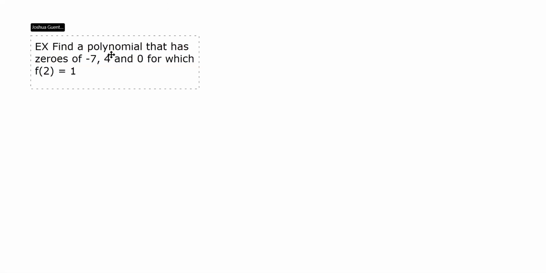Let's try out another example problem. Find a polynomial that has zeros of -7, +4, and 0, for which f of 2 equals 1. And we're using the word zero interchangeably with the word root.